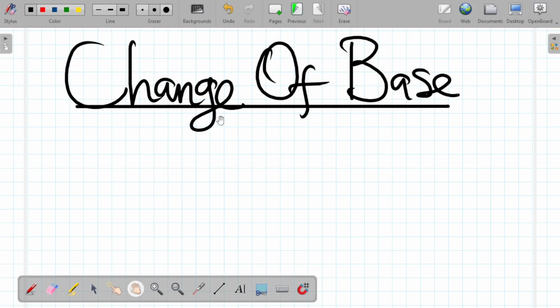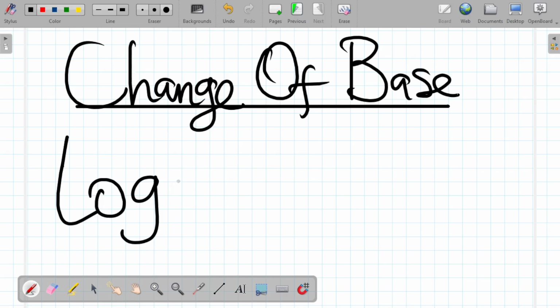Now let's consider change of base. Note this. A lot of calculators cannot change their base from base 10. So if you are given a question that does not have base 10, how do you solve it? So let's say log b to base a, and a, which is the base, is not 10. So this is how we are going to solve it.